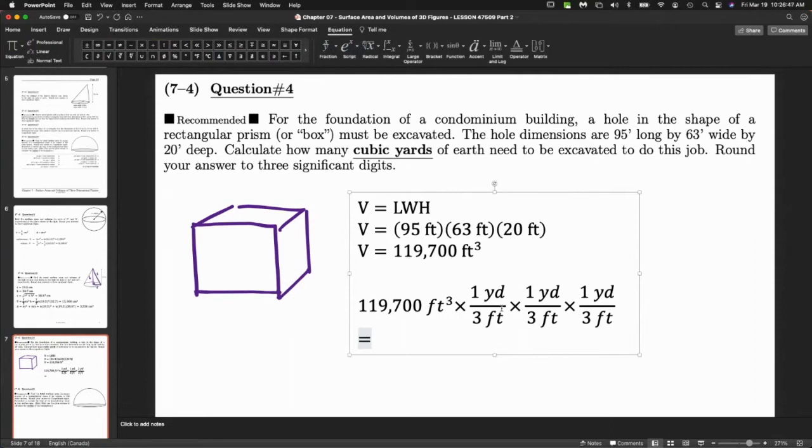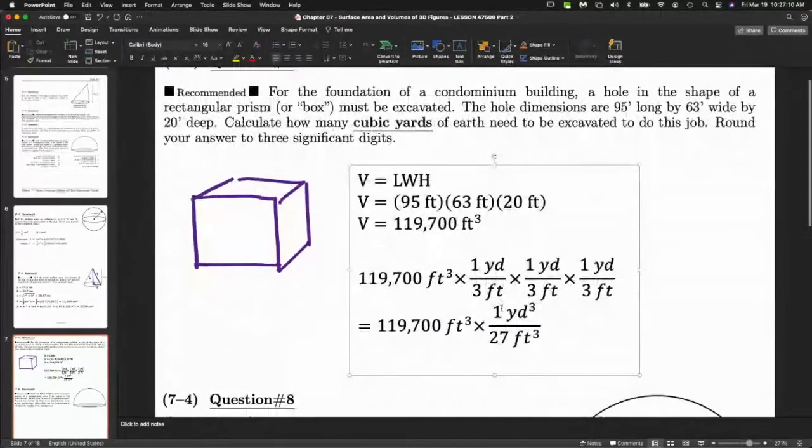27. If you divide by 27, let me write it again here. 119,700 cubic feet times 1 cubic yard per 27 cubic feet.